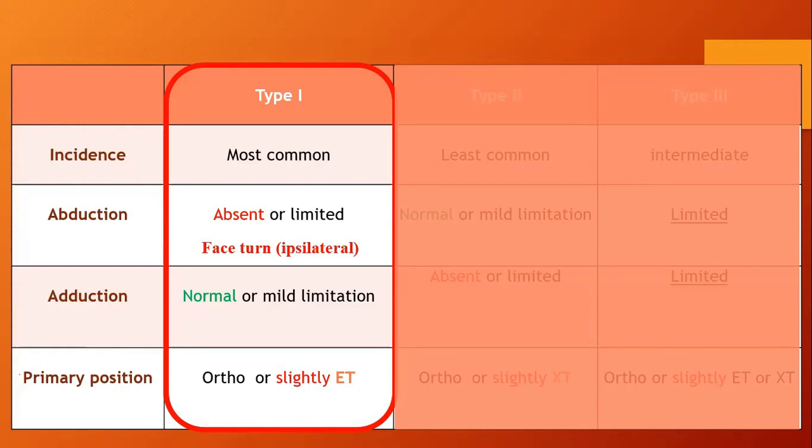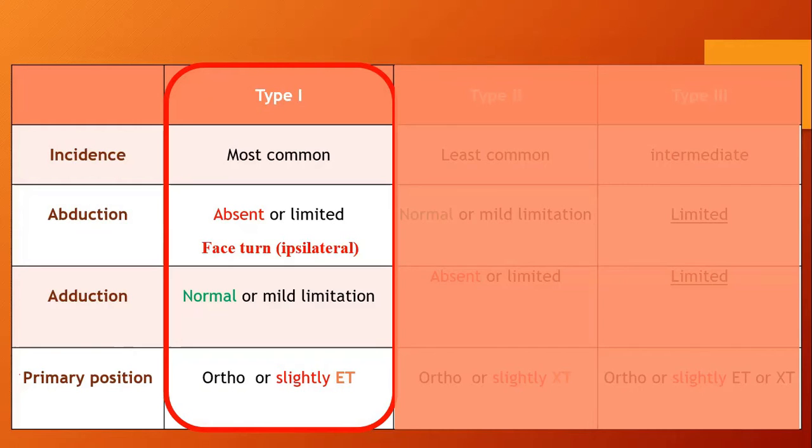And I added the face turn, because maybe the first sign you picked up is the face turn or the abnormal head posture. Since the abnormality is in the abduction, the face turn would be ipsilateral.